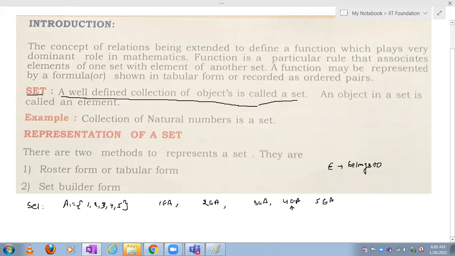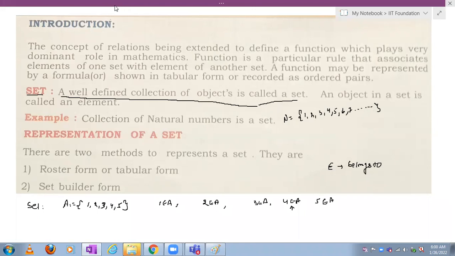A collection of natural numbers is a set. Natural numbers means what? 1, 2, 3, 4, 5, 6, 7, and so on. All the counting numbers are natural numbers. This is a set. So a set can be presented in two forms.